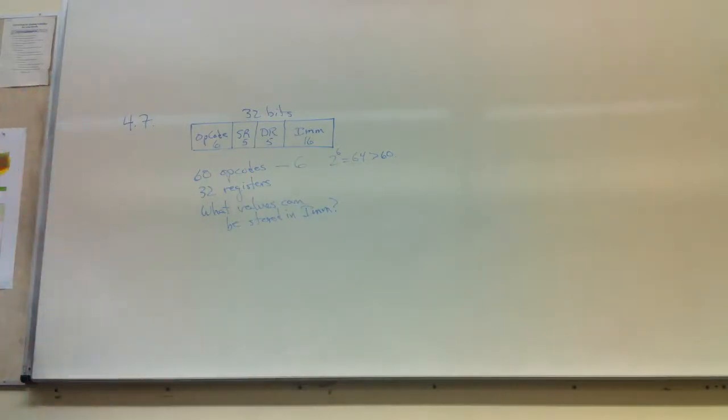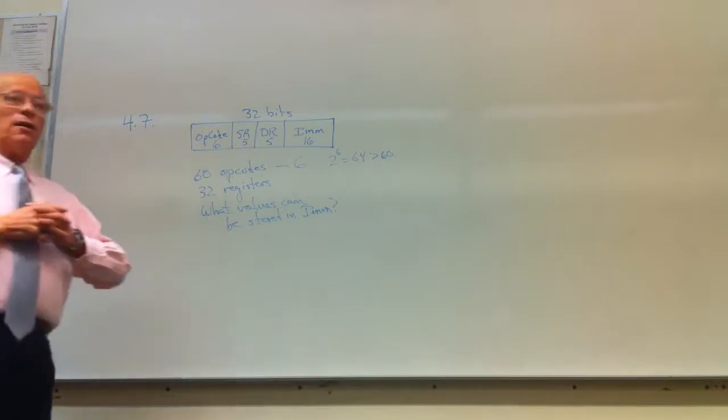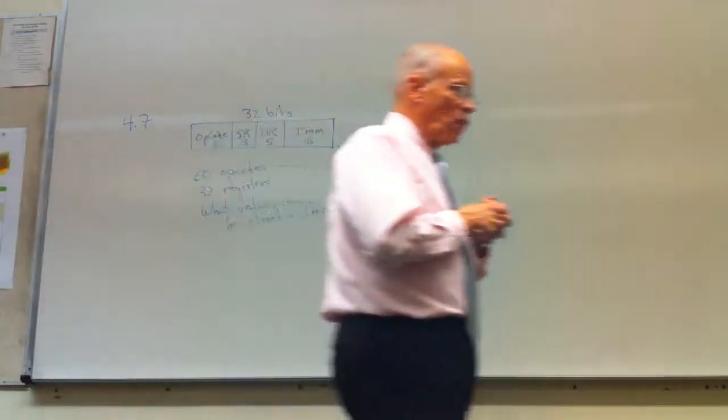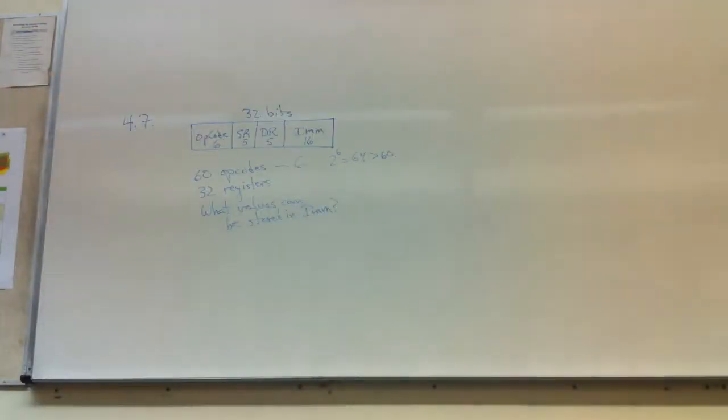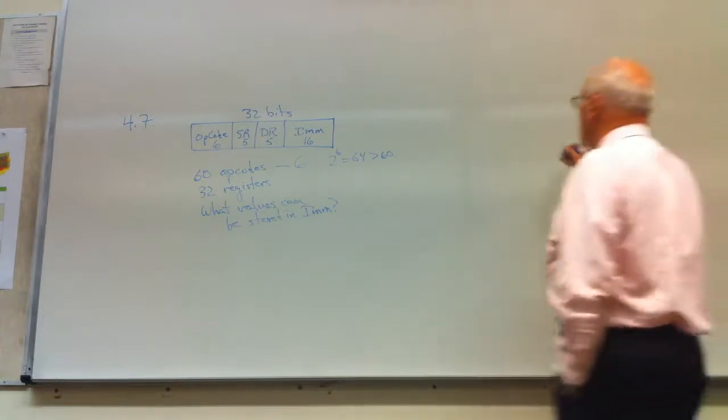Now, the problem specifies that it's a 2's complement number. Assume IMM is a 2's complement value. So the question is, what's the range of values that I can represent in 16 bits? From negative 2 to the 15th.